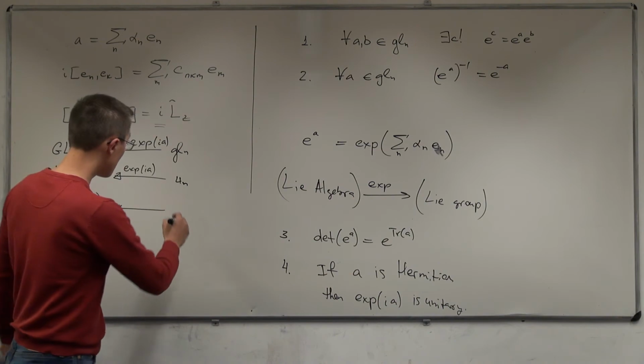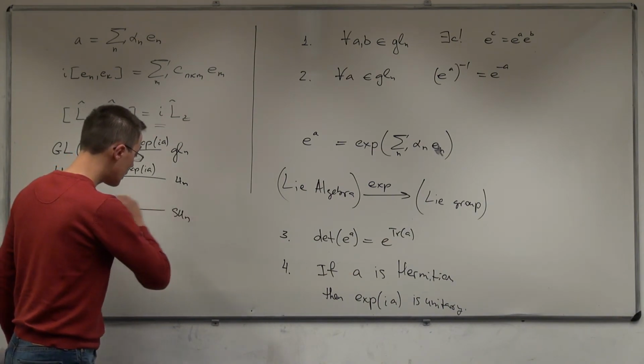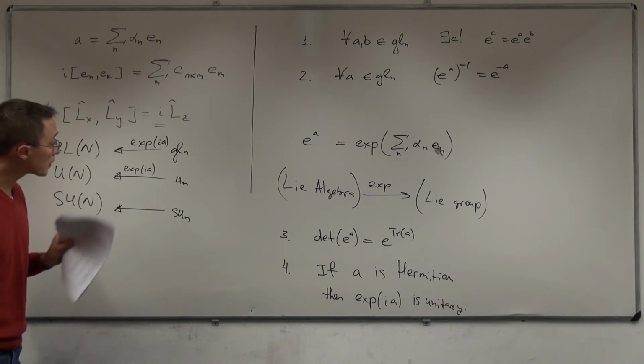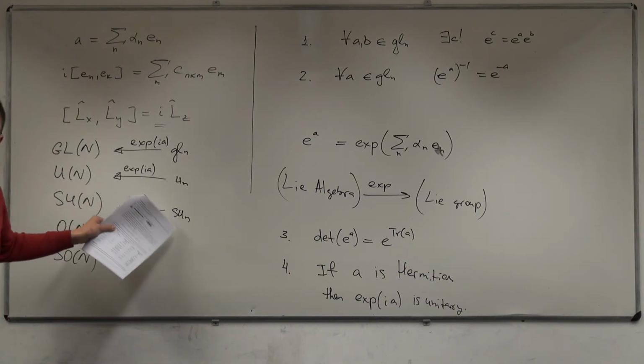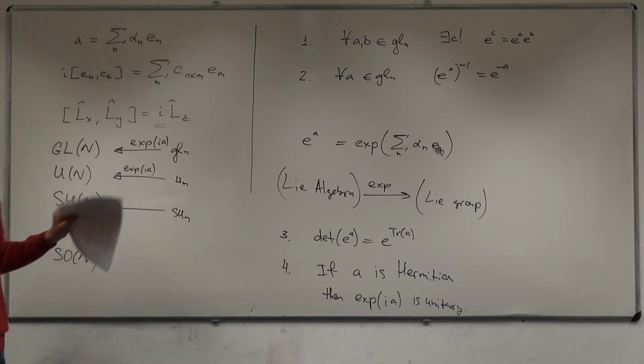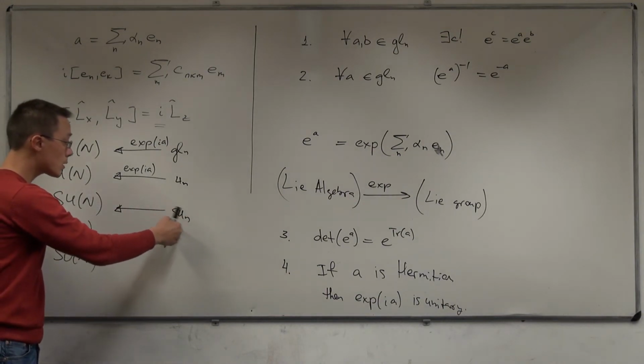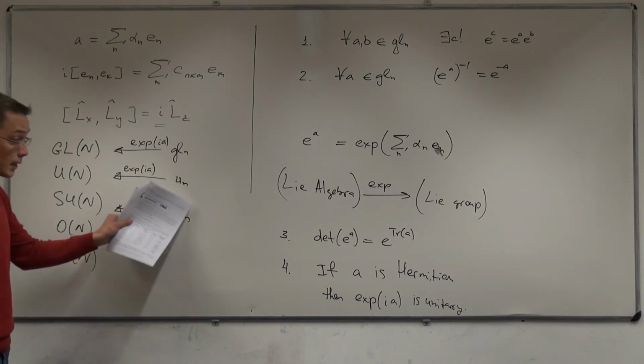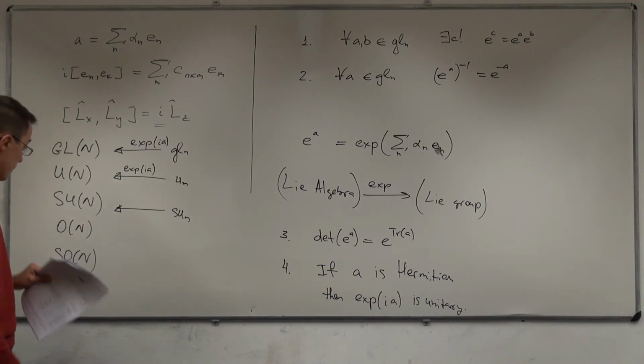So SUN is a Lie algebra of all traceless Hermitian operators. And as you know, spin operators are traceless and Hermitian, and so in our case, SU(2S+1) is in fact a dynamical algebra of a spin S.